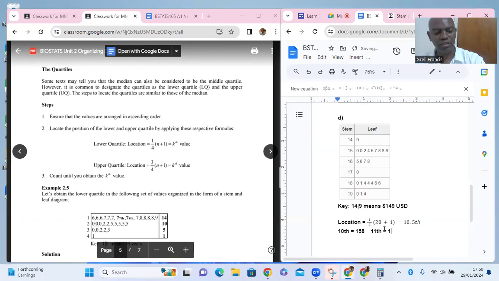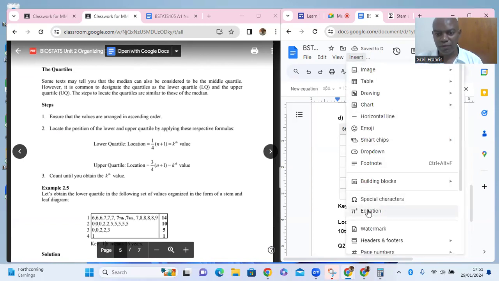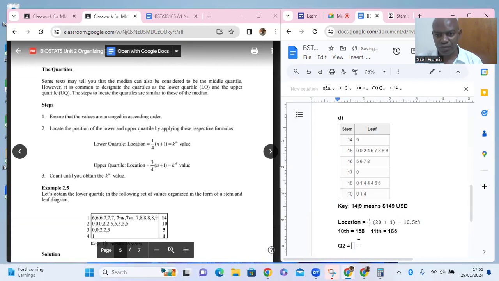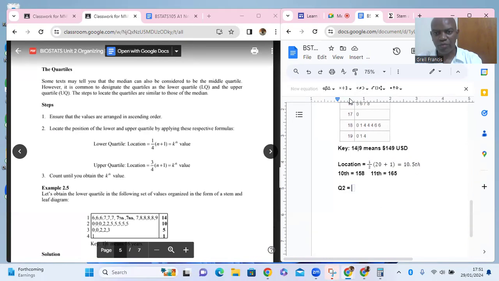My 11th value is 165. So basically, what I need to do now, my median, which has the symbol of Q2, is the average of those two middle values. So that will be basically 158 plus 165 divided by 2.